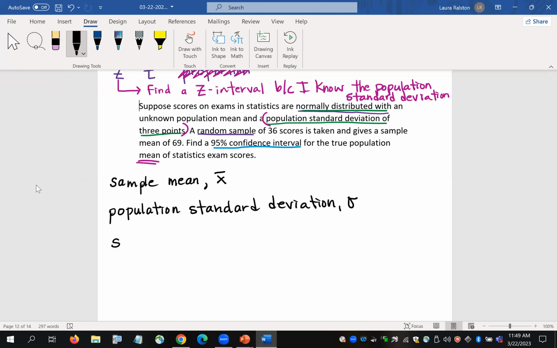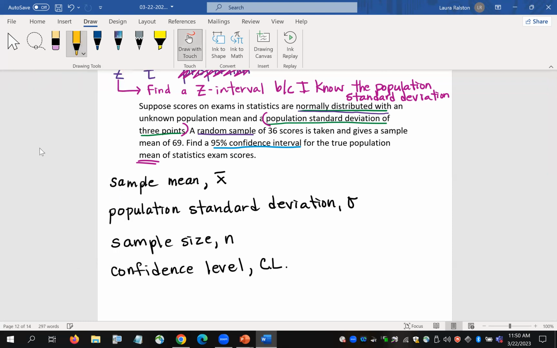It's going to ask you what is the sample size, which is n, and then what is the confidence level. There's not really a symbol for confidence level. Sometimes I'll abbreviate it CL just so I don't have to write the word confidence level out every time. Guys, all four of those pieces are clearly stated in the problem.